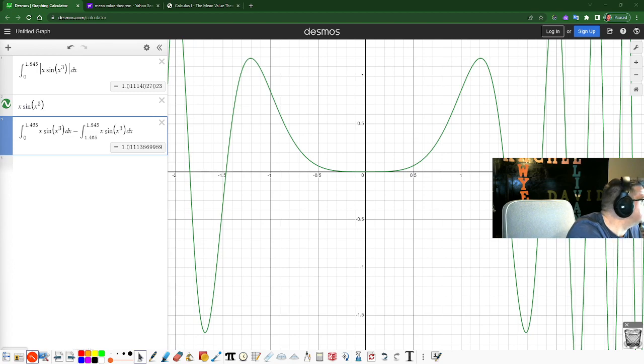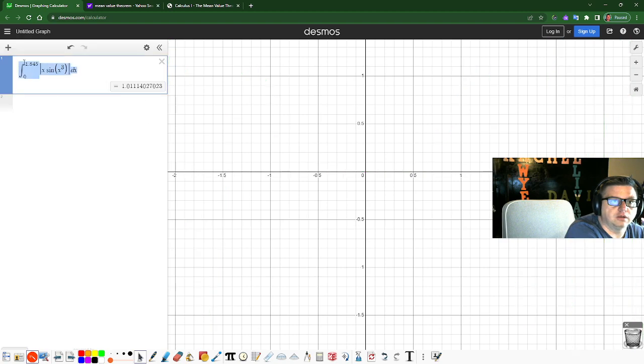Let's slide this over here for just a second so that I can type in this function correctly.